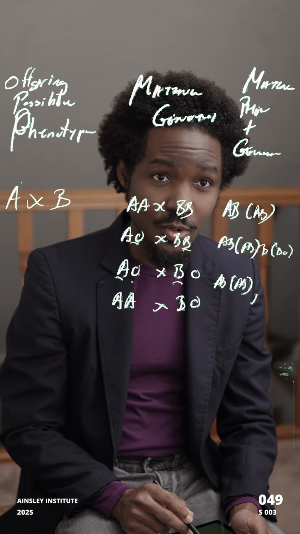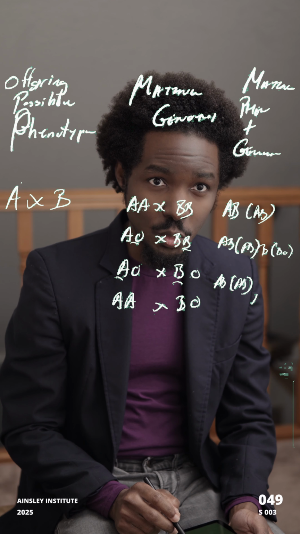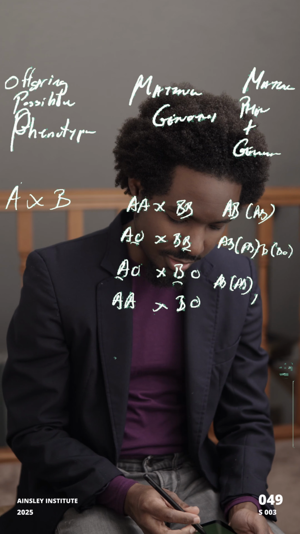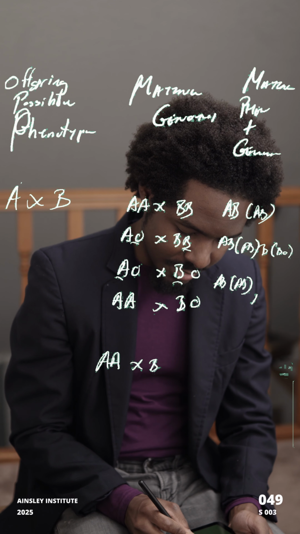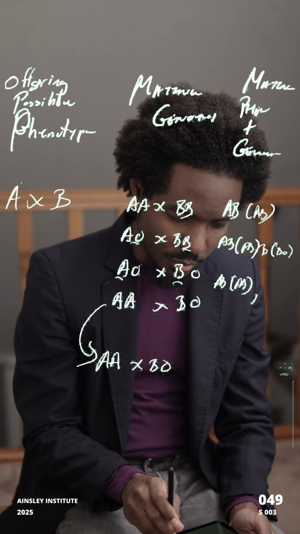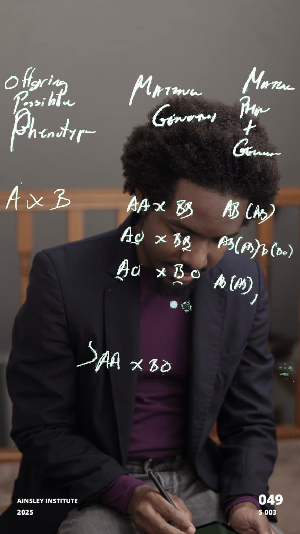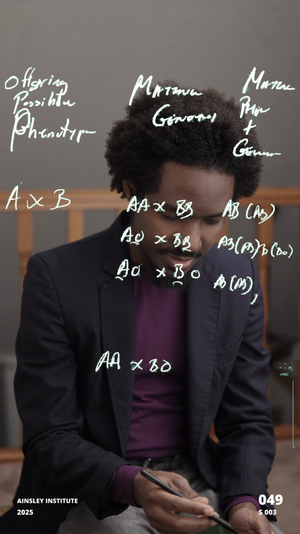So AO times BO gives us a very unique combination. We're going to write this down here. AA times BO. We're going to carry this down here. That's what we just did. So we can have some space. I'm going to show you something right here. All right, so it's just expanded.